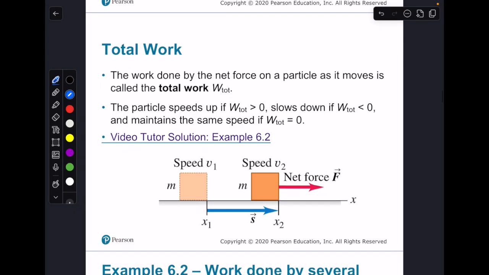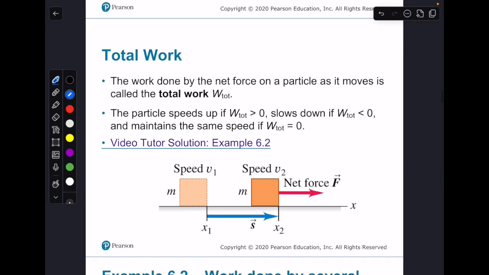The total work that's done on an object is going to equal the net force on the particle as it moves through that displacement. In other words, if I have a box sliding and I have a lot of different forces on that box, let's say I have a push force, a friction force, gravity, and a tension being pulled on it.